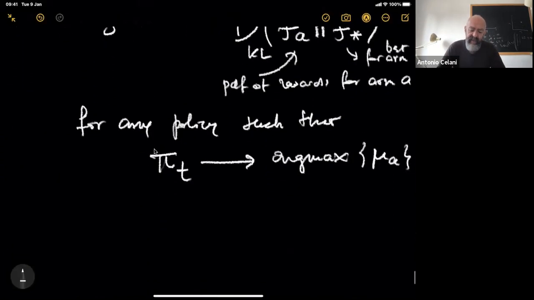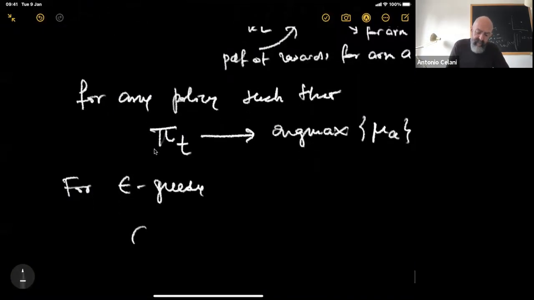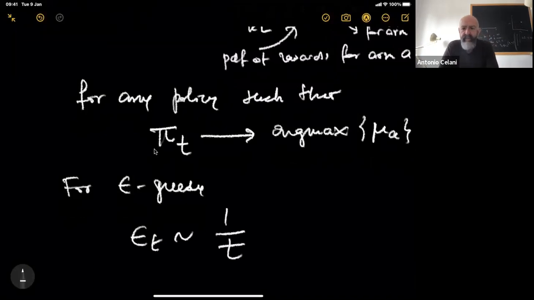What does it mean for the epsilon greedy? This means epsilon t going like 1 over t. Because if you pick the bad action every time step with probability 1 over time, when you make the sum over all these probabilities, this will be the expected number of times that you do the wrong thing. It will be logarithmic, because the integral of 1 over t is the logarithm of t.